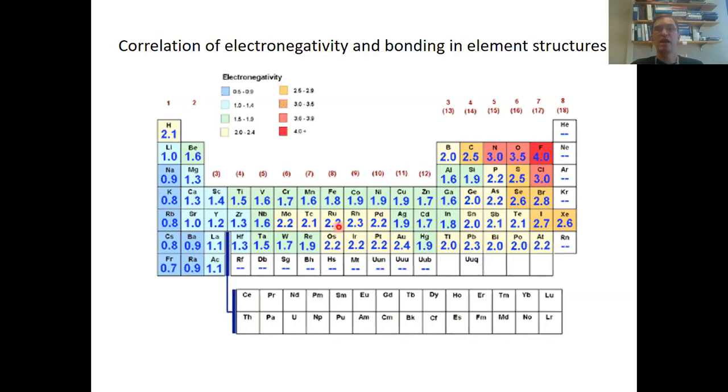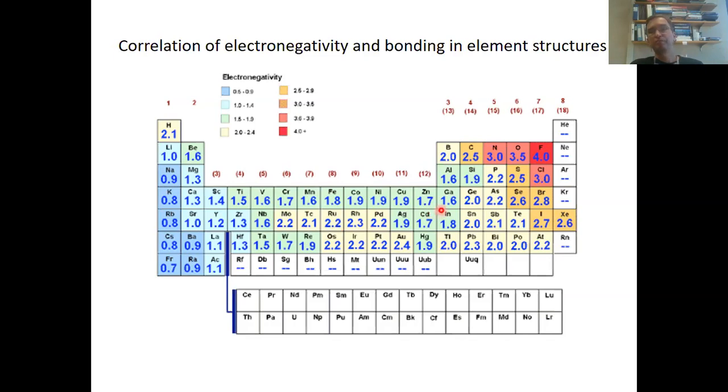So therefore they like to share the electrons, but on the other hand, they also don't have a particularly high affinity to these electrons. So therefore they're actually delocalized. Metallic bonding can be considered as a form of nonpolar bonding, where the bonding electrons are being delocalized. That gives rise to the character of the metallic bonding.